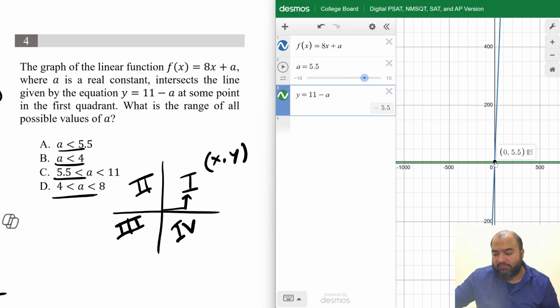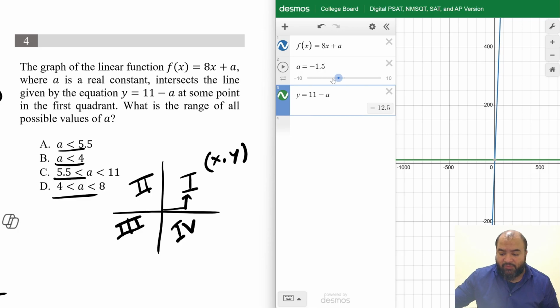So exactly 5.5 is not gonna work because it's on the vertical line. So let's see, less than it, then it goes, yeah, 0 point something. Okay, so if a is less than 5.5, this is gonna go positive, positive in quadrant 1. Now if I keep going less than anything, let's see if it all works. So yeah, positive, positive. So a less than 5.5 works very well.